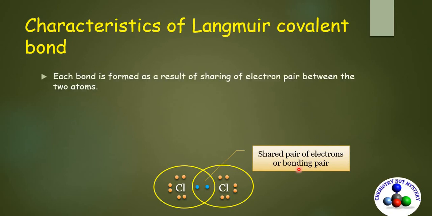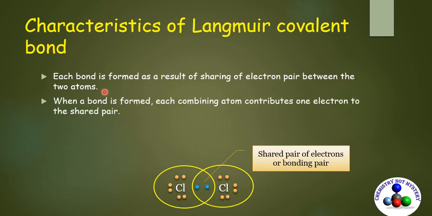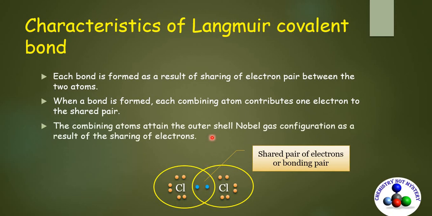Each bond is formed as a result of sharing of electron pairs between the two atoms. When a bond is formed, each combining atom contributes one electron to the shared pair. The combining atoms attain the outer shell noble gas configuration as a result of sharing of electrons.